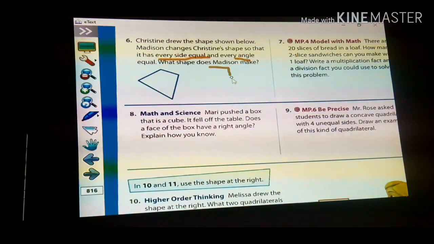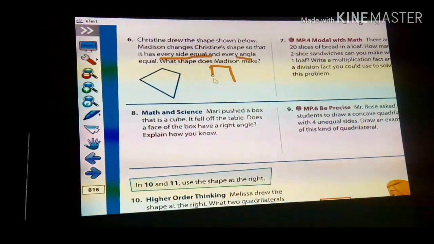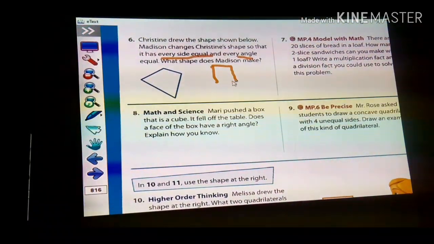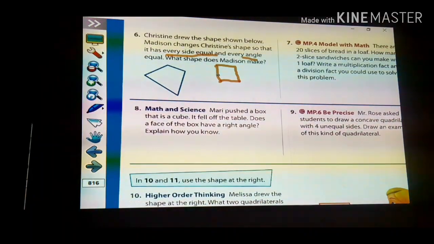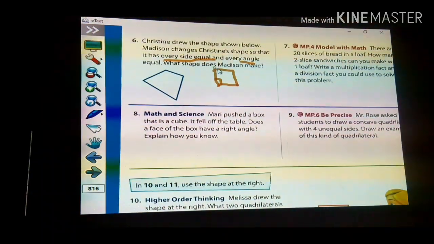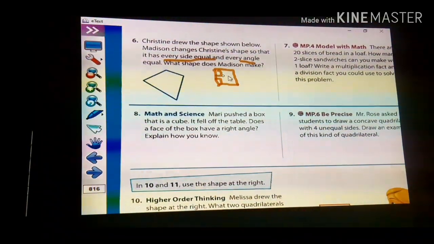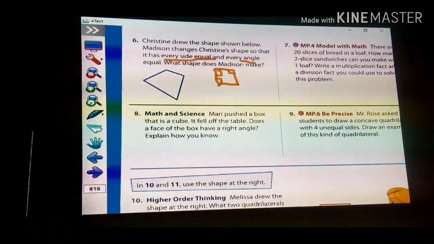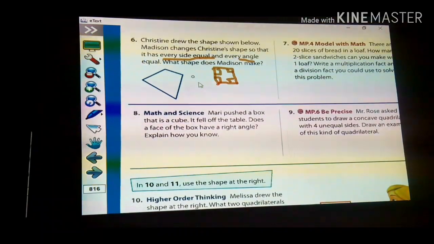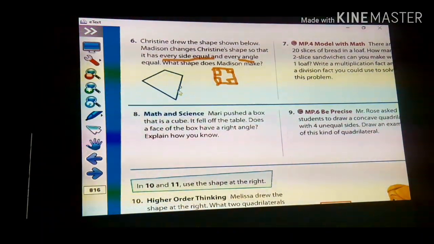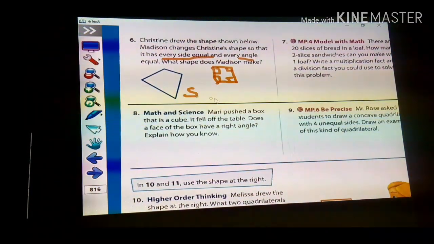Let's draw this shape. All sides are equal and all angles are equal. Right angle, right angle, right angle, then the last one also a right angle. Which shape do we draw now? 4 right angles, 4 equal sides, it's a square.